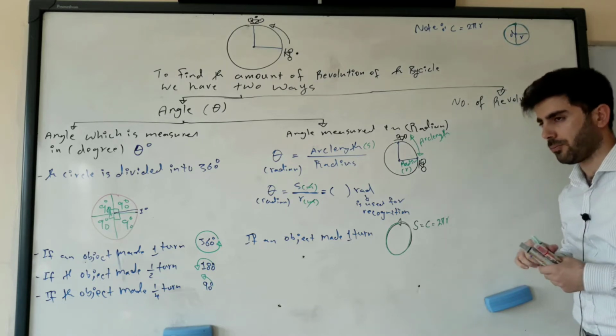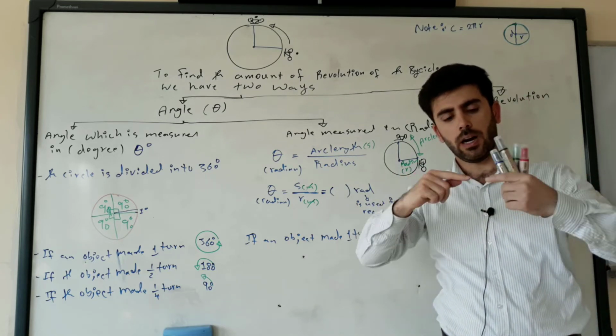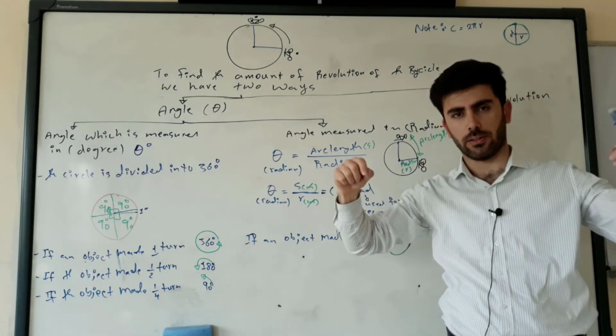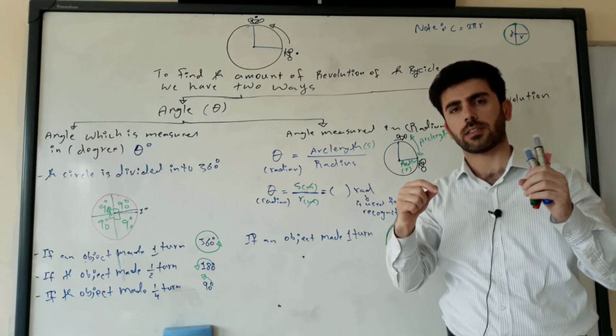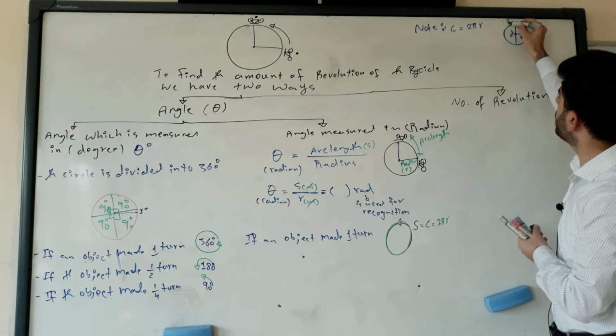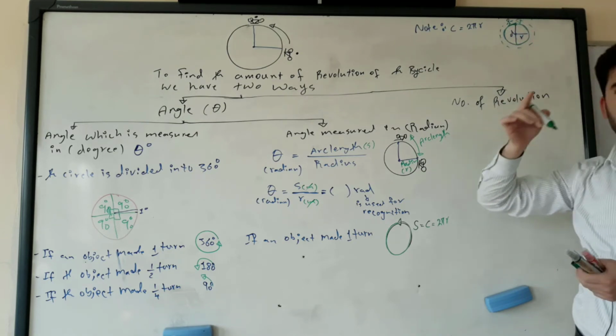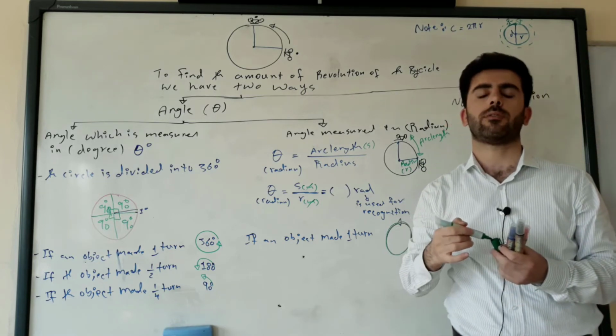Let me tell you how. If you have a circle, and if you open it up, how long this circle is, it's the circumference of the circle. Or in another way, if you have a man here, and if this man traveled along the circle, how long the man will travel is the circumference of the circle.